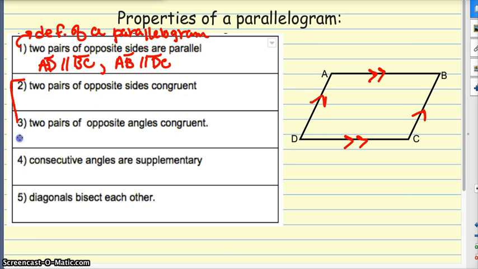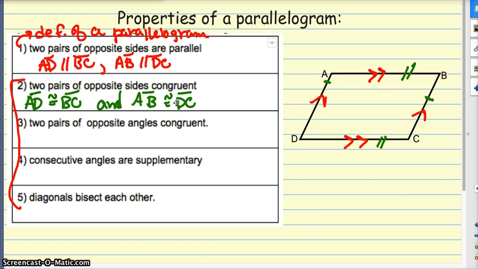The rest of these are all theorems that can be proven, which is what we just did in that proof, which would have been the warm-up, saying that opposite sides are congruent. We have two pairs, so side AD is congruent to BC, and AB is congruent to DC.